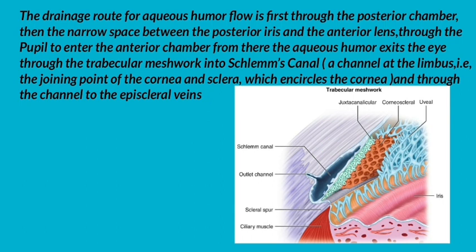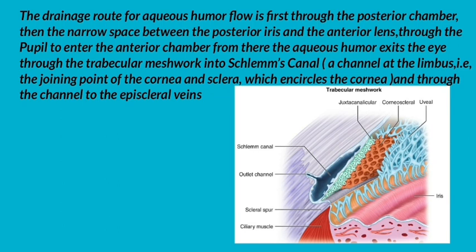The drainage route for aqueous humor flow is first through the posterior chamber, then the narrow space between the posterior iris and the anterior lens, through the pupil to enter the anterior chamber.